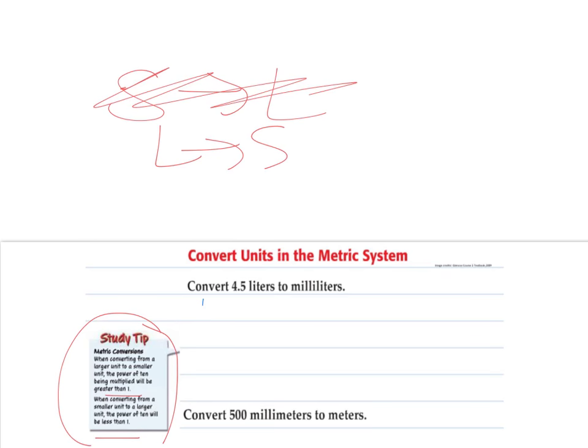So if I have 4.5 liters, and I'm trying to change that to how many milliliters. Labels are important. What I know is that 1 liter is equal to 1,000 milliliters because it's a smaller unit. So essentially, what I'm doing is multiplying.